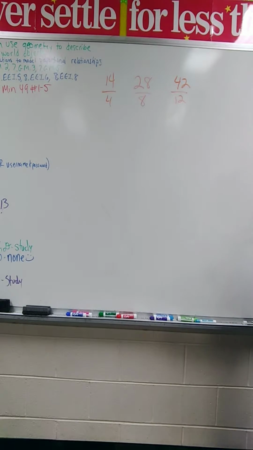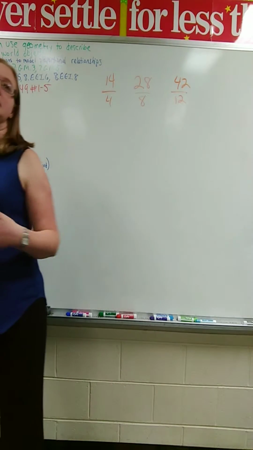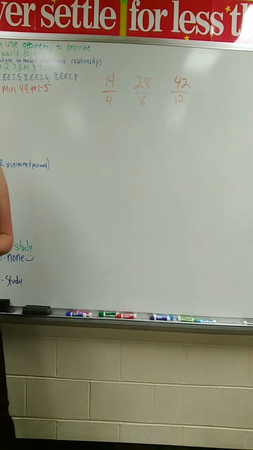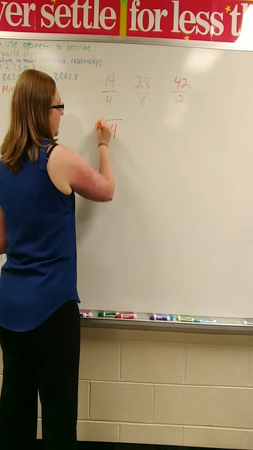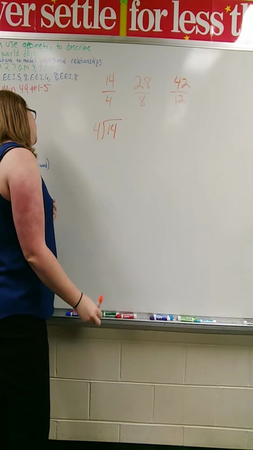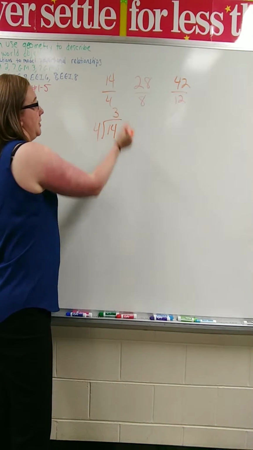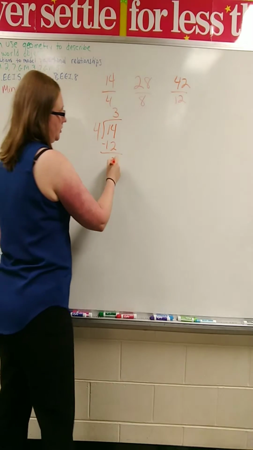Now what they're asking us to do is to find that constant of variation. So how would I find the constant of variation? What do you think we would do? Divide. 14 divided by 4. How many times does 4 go into 14? 3. 3 times 4 is 12. Subtract and I get 2.